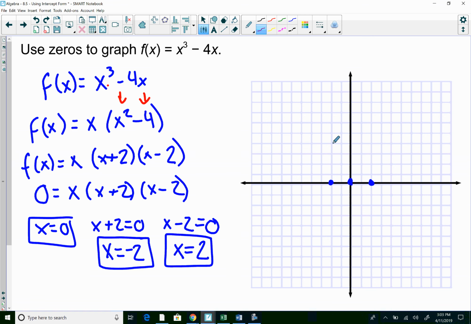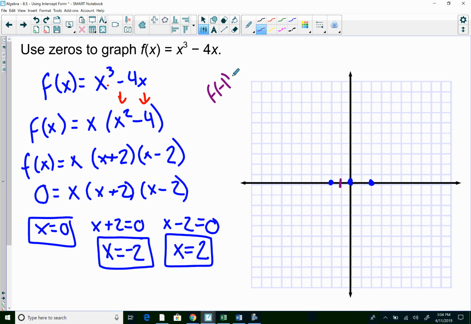So we still have to figure out where is the maximum of this cubic and where is the minimum of this cubic. So in order to find where it's going to go in between these two points, pick the point that's in between. Pick negative 1 and plug it back into the function.